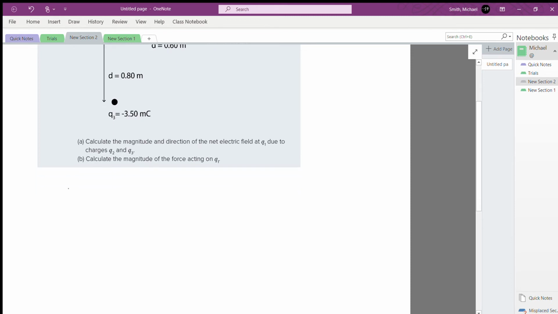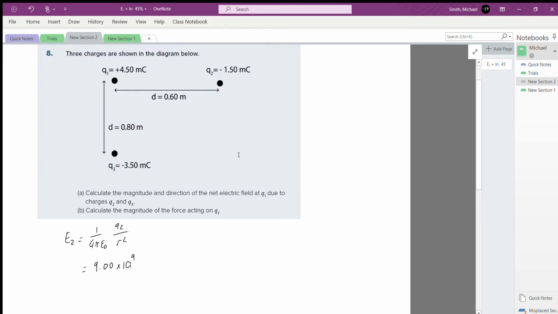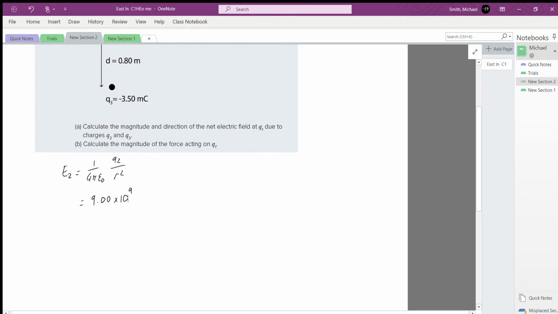So I'll call it E2, equals 1 on 4 pi epsilon naught, Q2 on r squared, which here will just be 9 times 10 to the power of 9. Q2 is 1.5 millicoulombs.